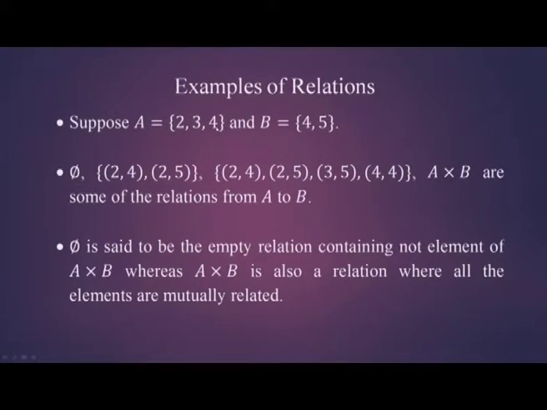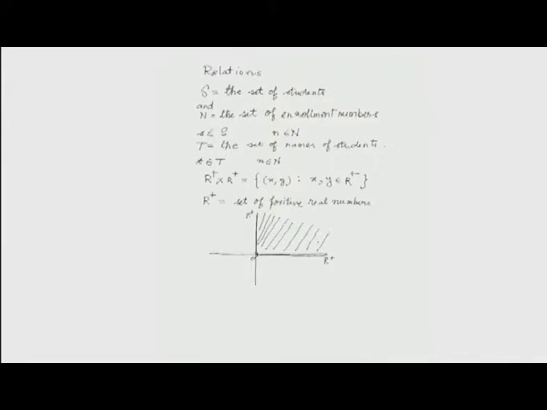Let us consider two sets again, A equal to {2, 3, 4} and B equal to {4, 5}.